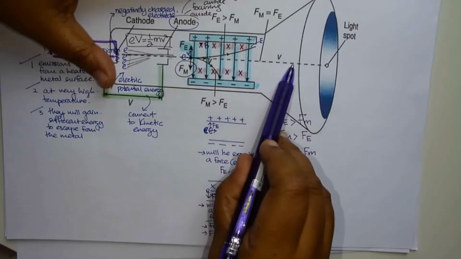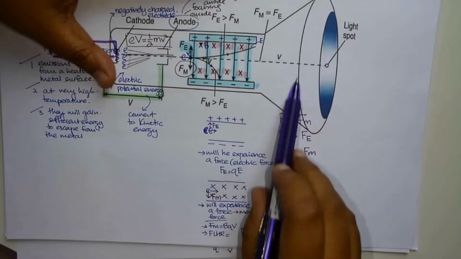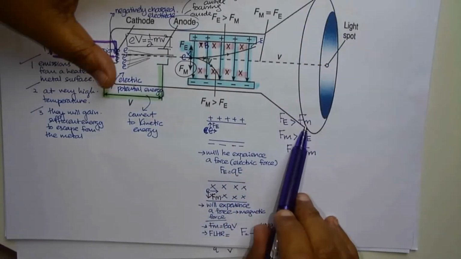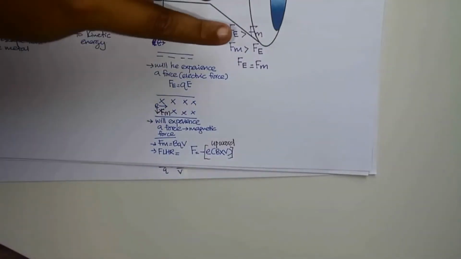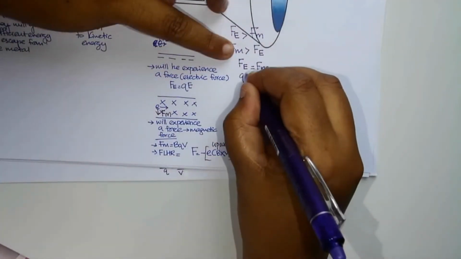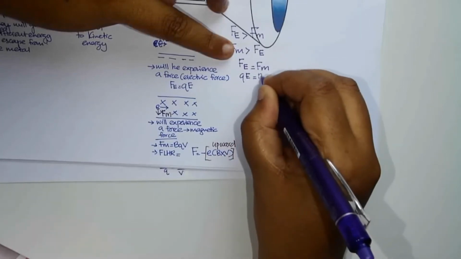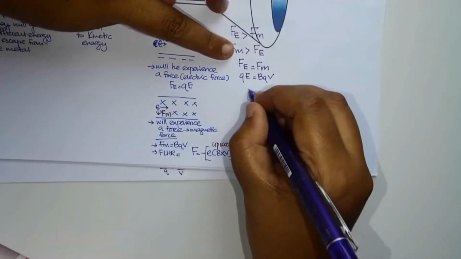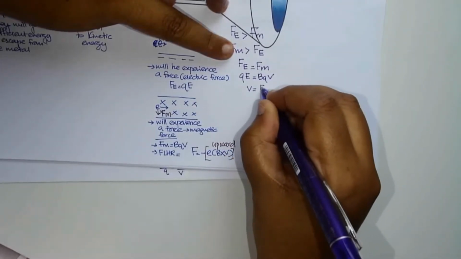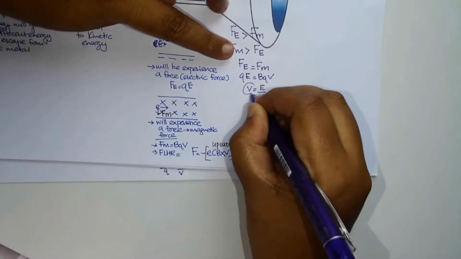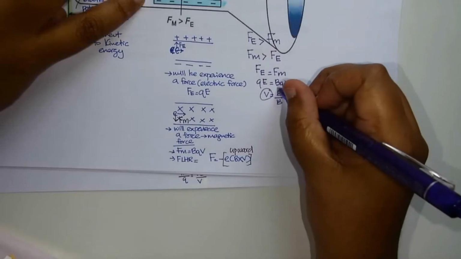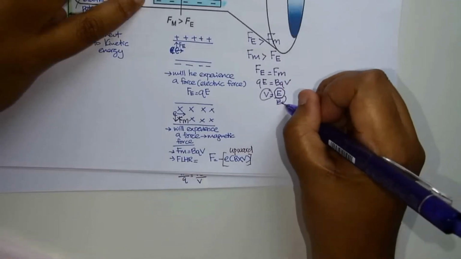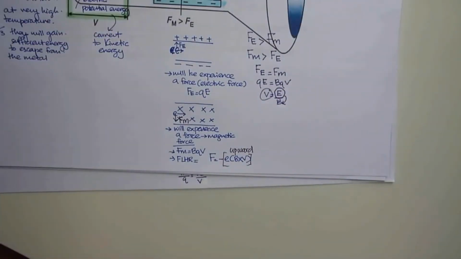It will move straight and hit on the screen. So in order for that, F_E must equal F_M. What is F_E? F_E is QE. What is F_M? BQV. Therefore V equals E over B. So the velocity of the electron must be adjusted so that it equals the electric field divided by the magnetic field.